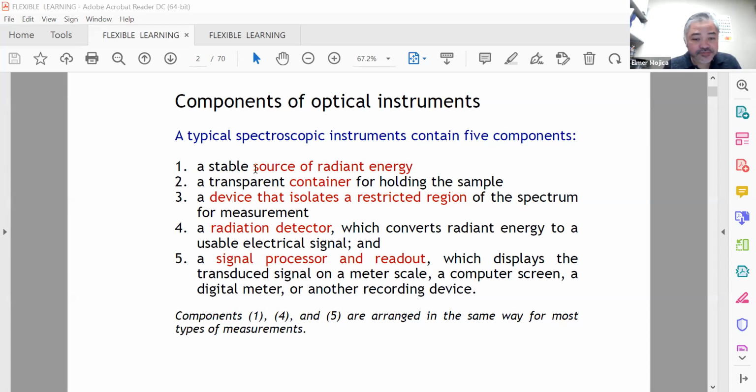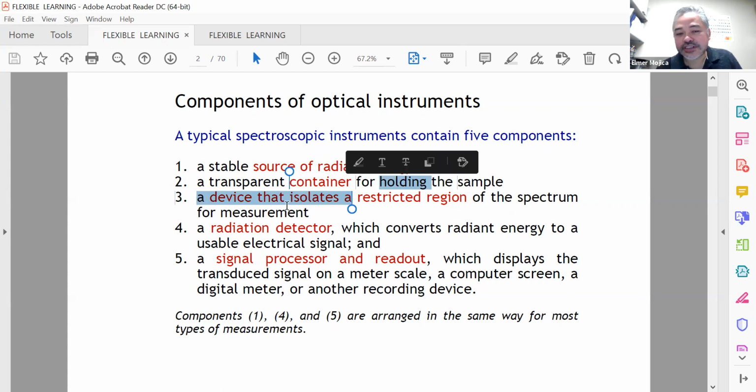So we have here the light source, or the source of radiant energy; the sample holder, which is a transparent container for holding the sample; a device that isolates a restricted region of the spectrum for measurements, or what we call the monochromator; and then the detector, the radiation detector, which converts your radiant energy to a usable electrical signal.